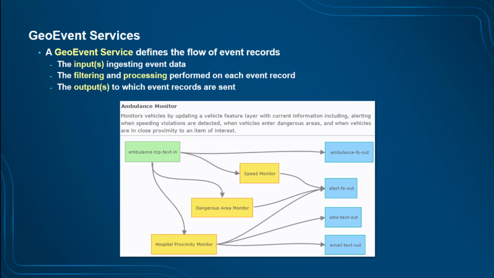We can also monitor the dangerous area, which is essentially geofencing. Let's say if the vehicle that you are interested in enters or exits a particular geofence, we can get an alert. We can also get an alert in the 3rd processor. Let's say, for example, if the vehicle is at a particular distance or at a particular time, you can get an alert for that. An alert can be in the form of an SMS or an email.